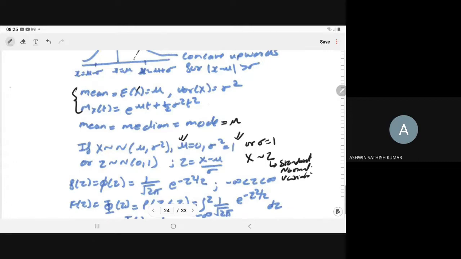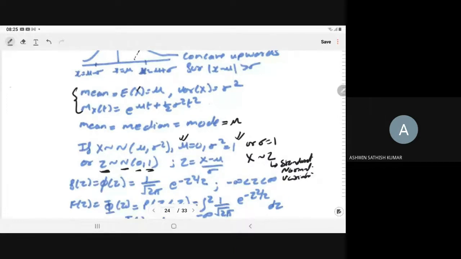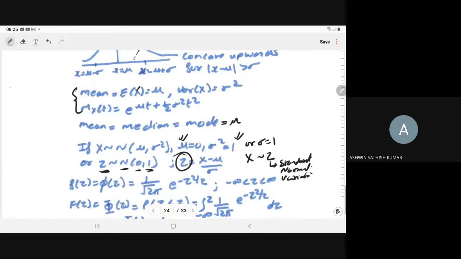So z follows the standard normal distribution with mean 0 and variance 1. And here z is equal to x minus mu upon sigma.